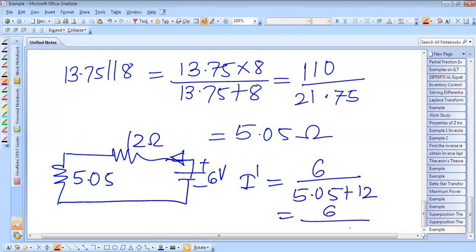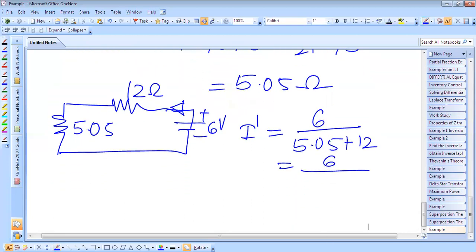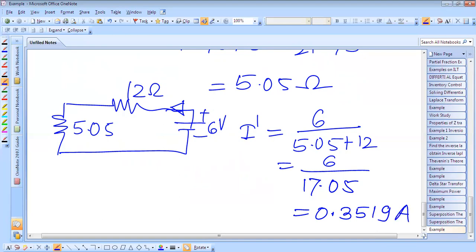So it is 6 upon 17.05. So this is coming equal to 0.3519 ampere. So we have got this current now.